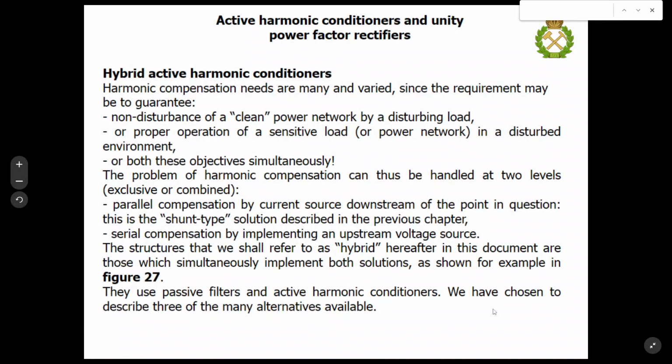And now let's consider the combination of active filters and passive filters, which create hybrid conditioners or hybrid filters.